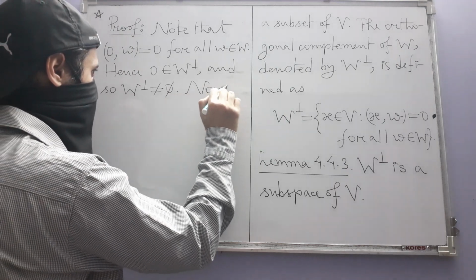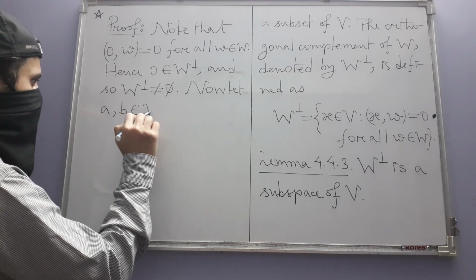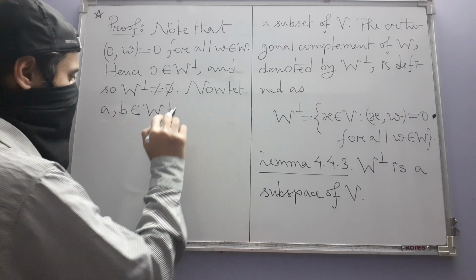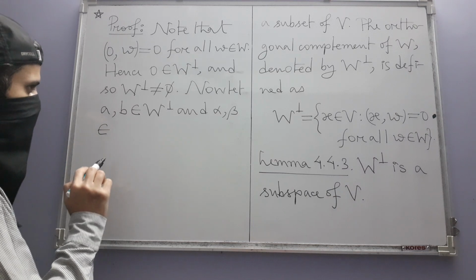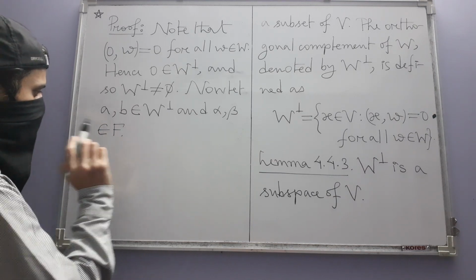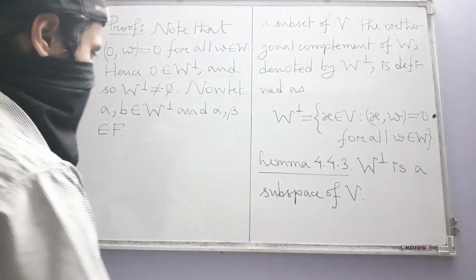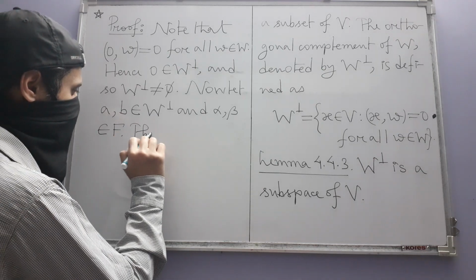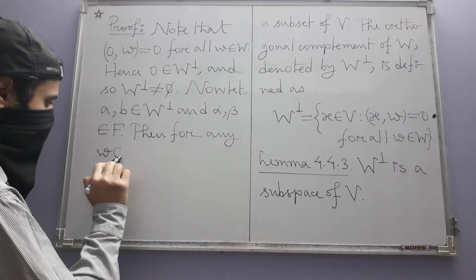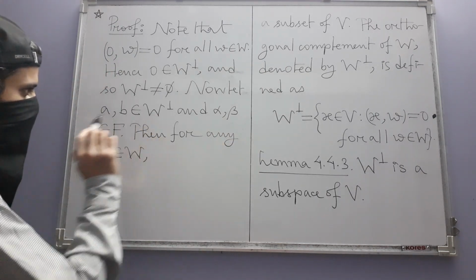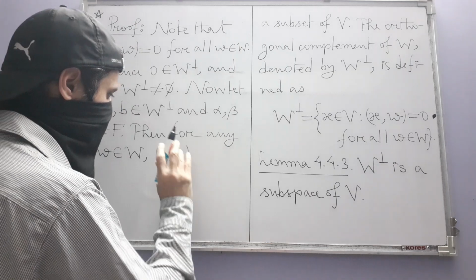Now let A and B belong to W perpendicular, and we are also going to consider two scalars, alpha and beta, and you understand that these alpha and beta in general are complex numbers. Then for any w belonging to W, because these vectors are coming from W perpendicular, we have these things.